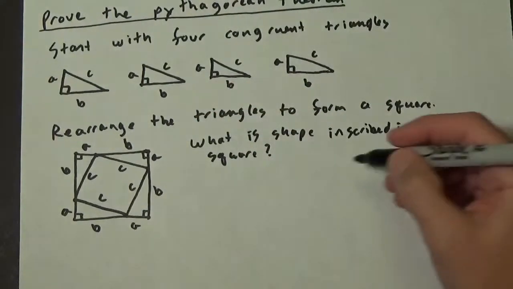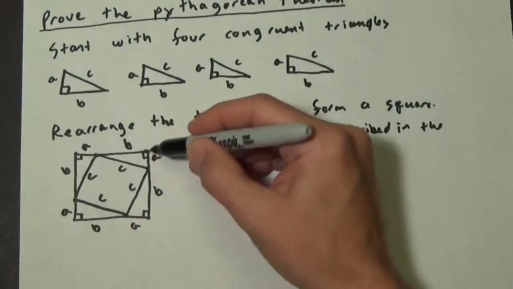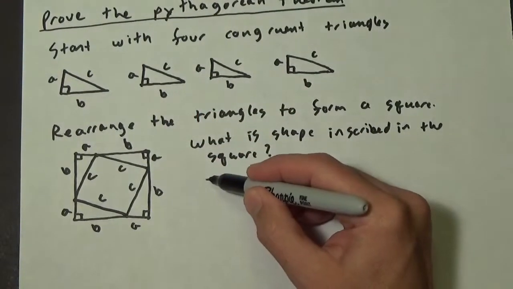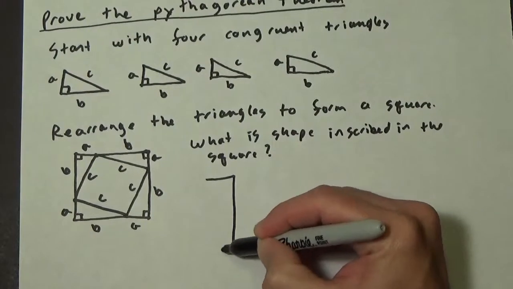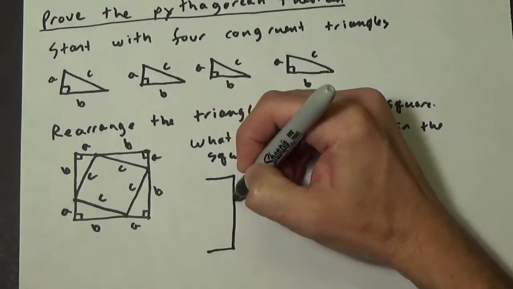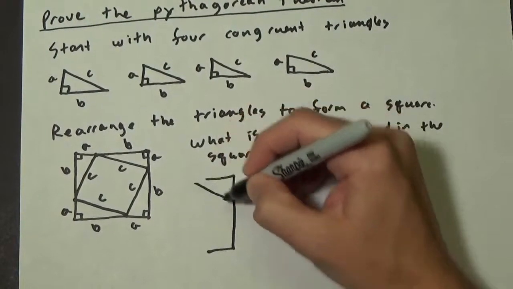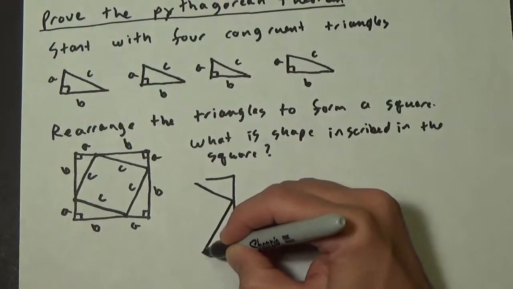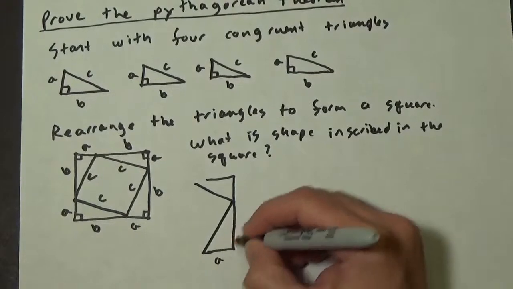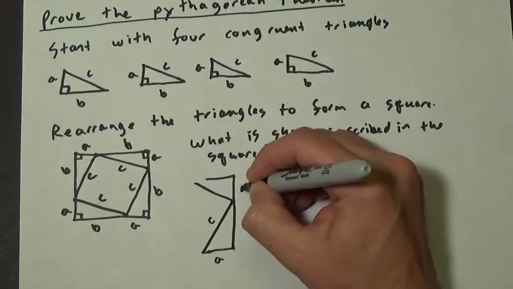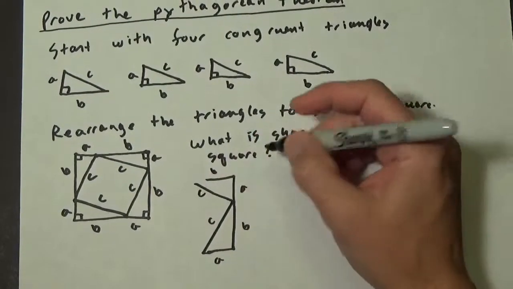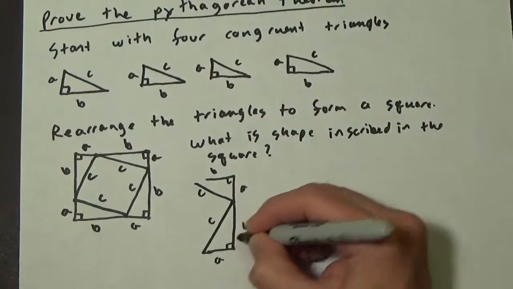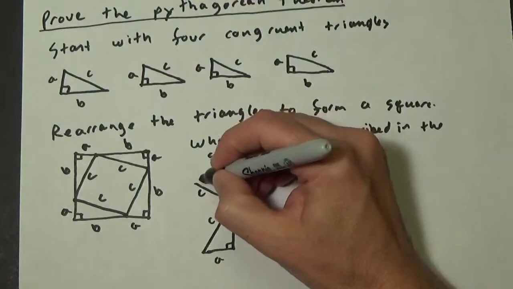So let's just take this part right here and let me blow that up. I'm going to create a larger version of that. So this would be A, B, C, A, B, C, and that is a right angle, and that is a right angle. Let me go over here.